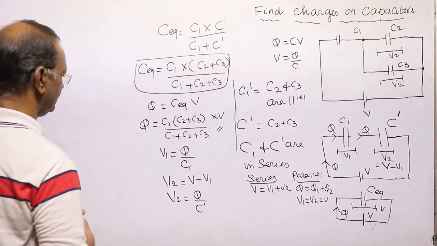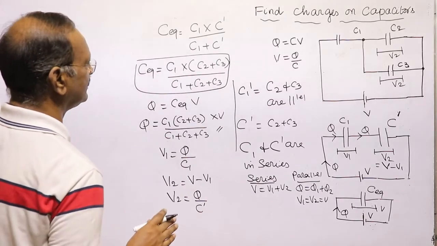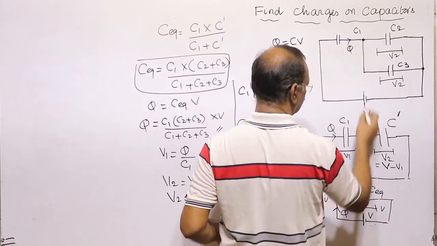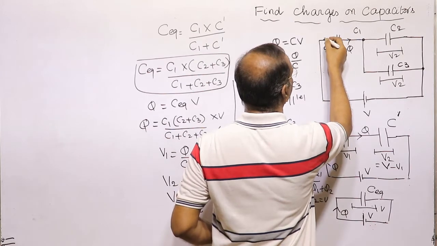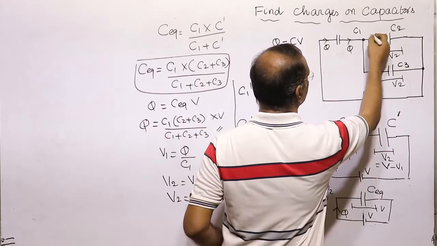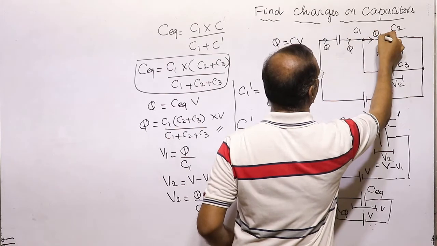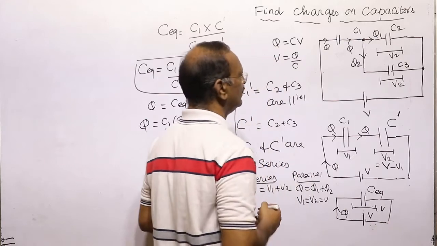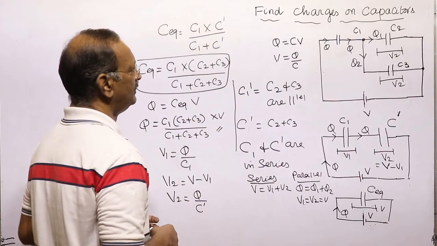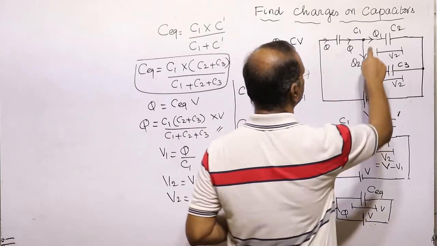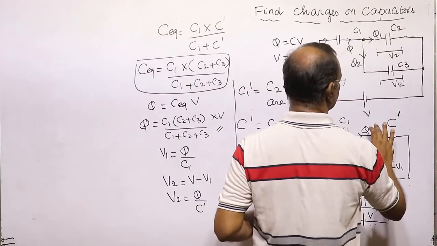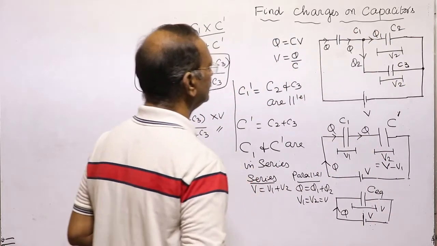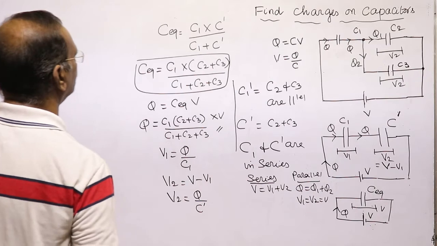Now we have to find out the charge. We have found out V2. What about the charge? From here the charge is flowing, and at the junction it divides into Q1 and Q2. Here the same charge is flowing but here it gets divided. So we have to find out Q1.